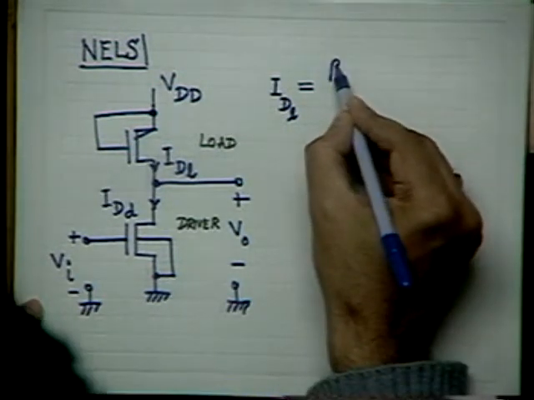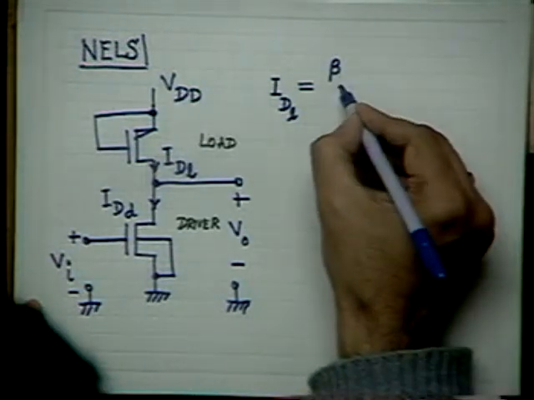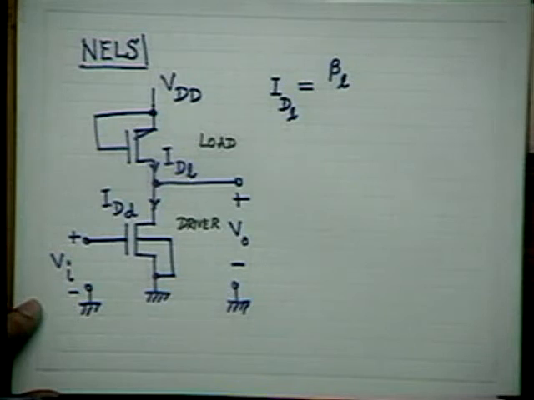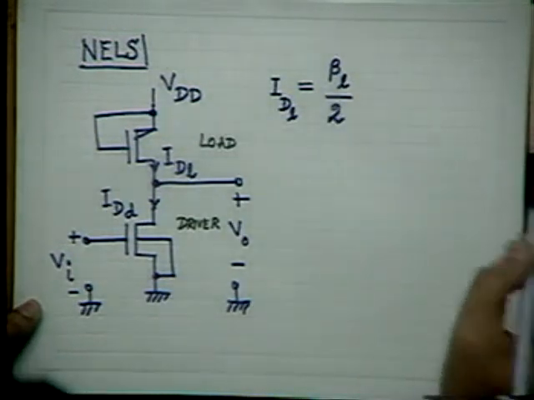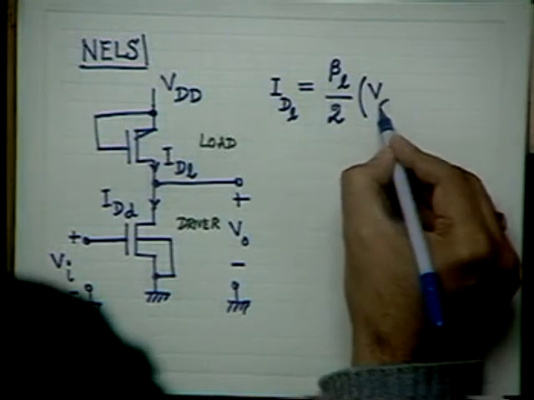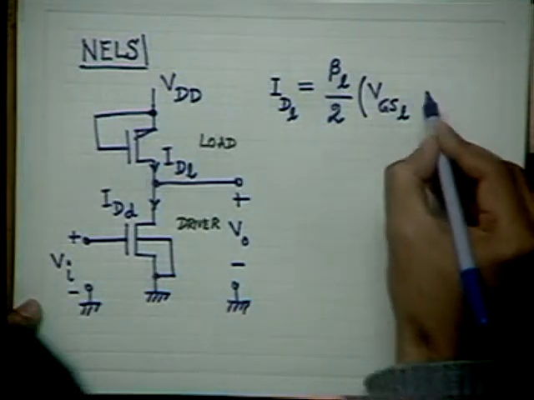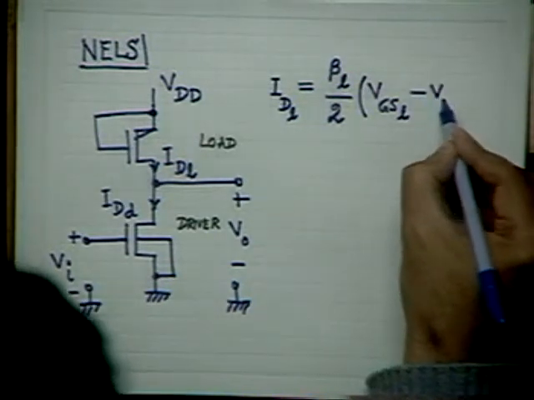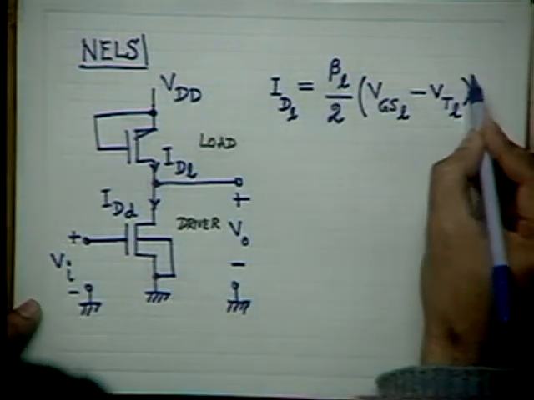I will again write, to differentiate between load and driver, I will put a suffix small l with beta divided by 2, and it is VGS of the load transistor minus VT of the load transistor whole square.